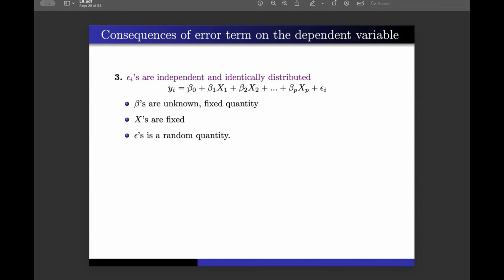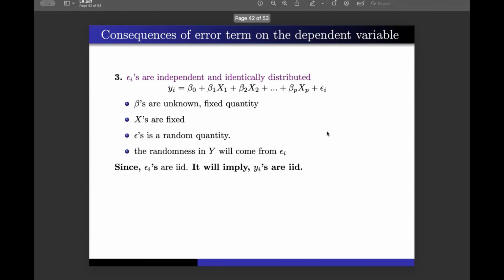Now, since betas and xi's are fixed quantities, beta naught is a fixed quantity, beta 1 x1 is a fixed quantity, so on and so forth, beta p xp is a fixed quantity, the randomness in yi will come from the randomness we have on the error term. And since all ei's are IID, it will imply that yi's are also IID.